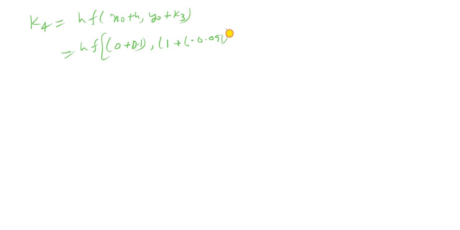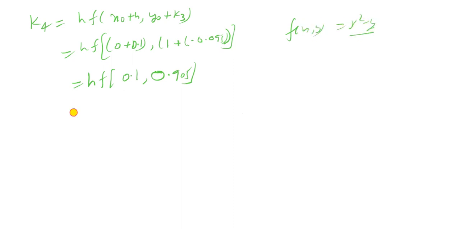Simplify this with the help of the calculator, and this will be h f of 0.1 comma 0.905, and f of x y is equal to x square minus y, which is given in the problem. So h is 0.1 times 0.1 square minus 0.905. Simplify this with the help of the calculator, then this will be 0.090.